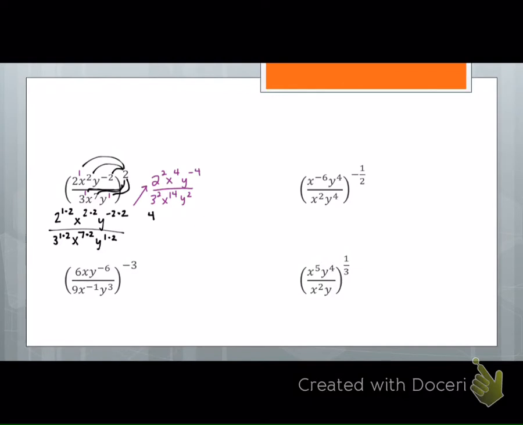I'm going to subtract my exponents, so that's x to the 4th minus 14, y to the negative 4th minus 2. 3 squared is 9, so there's a 9 in the denominator. There's not a lot of space here. So we have 4x to the negative 10th, y to the negative 6th over 9.